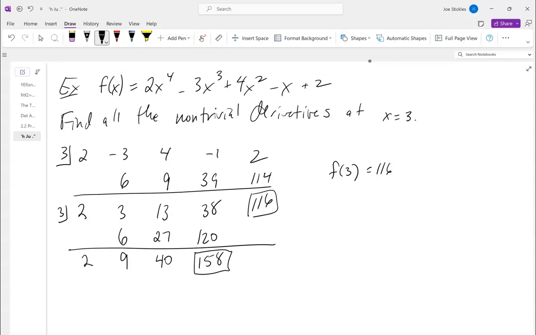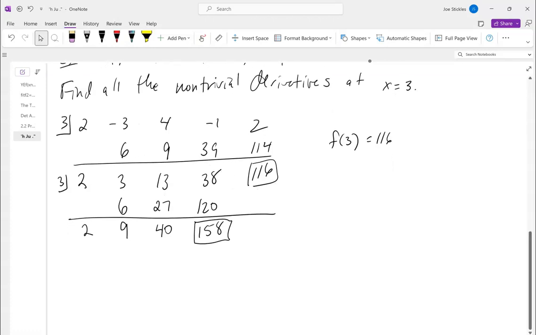We'll come back to what the derivatives are in a second, but the 158 we'll use. We'll do it again. Lop off the 158. We don't need it anymore. Bring down the 2. Multiply, add, multiply, add.